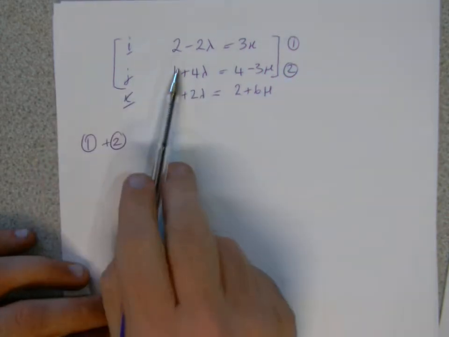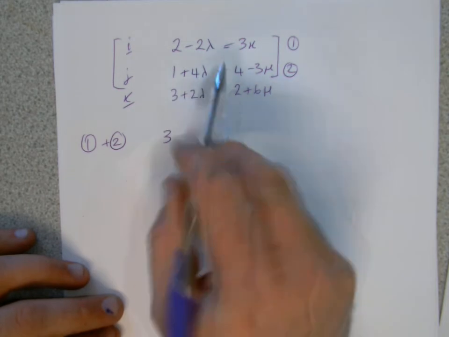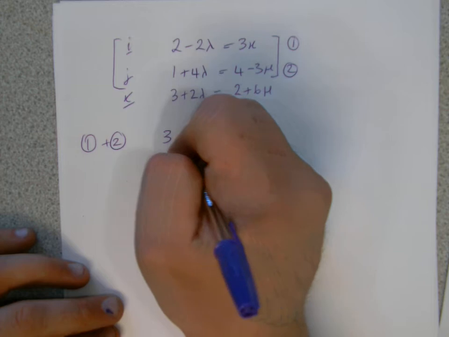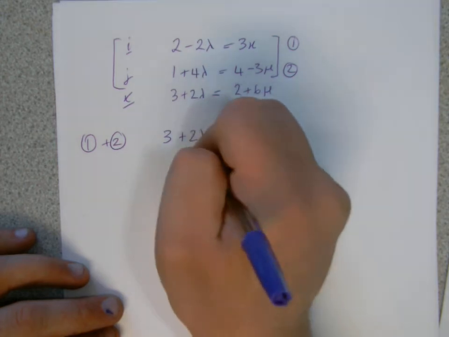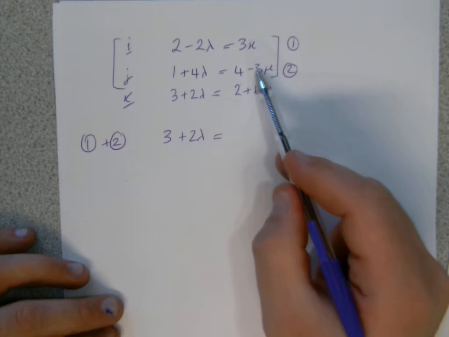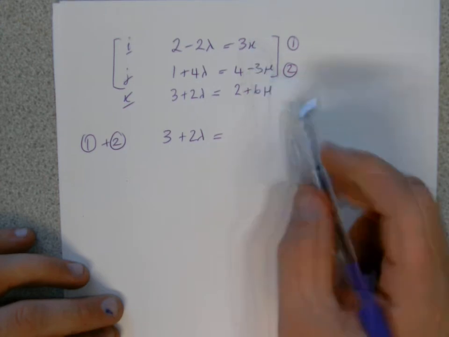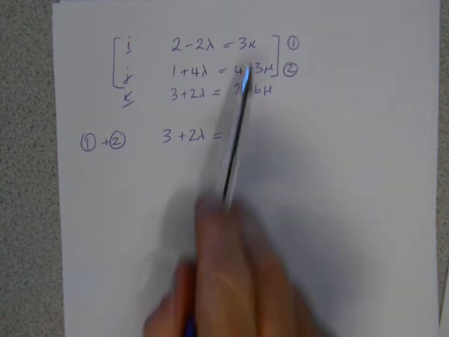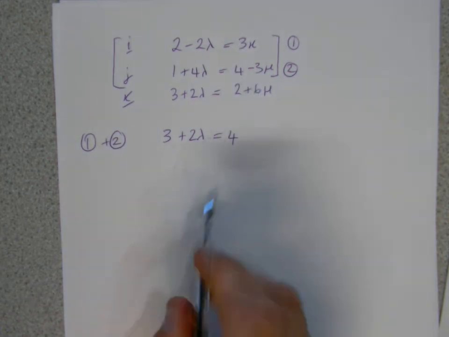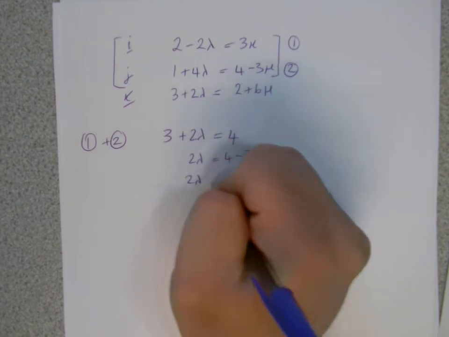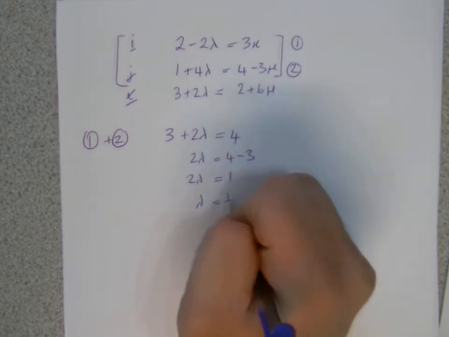I'll have 2 plus 1, which is 3, minus 2 lambda plus 4 lambda will give me plus 2 lambda, and then 3 mu add minus 3 mu, they'll disappear, won't they? So I'll get 4. That's why I added them, to get rid of the mu's. And then I can work out what lambda is. So 2 lambda will equal 4 take away 3. 2 lambda will equal 1, so then lambda will equal 1/2.